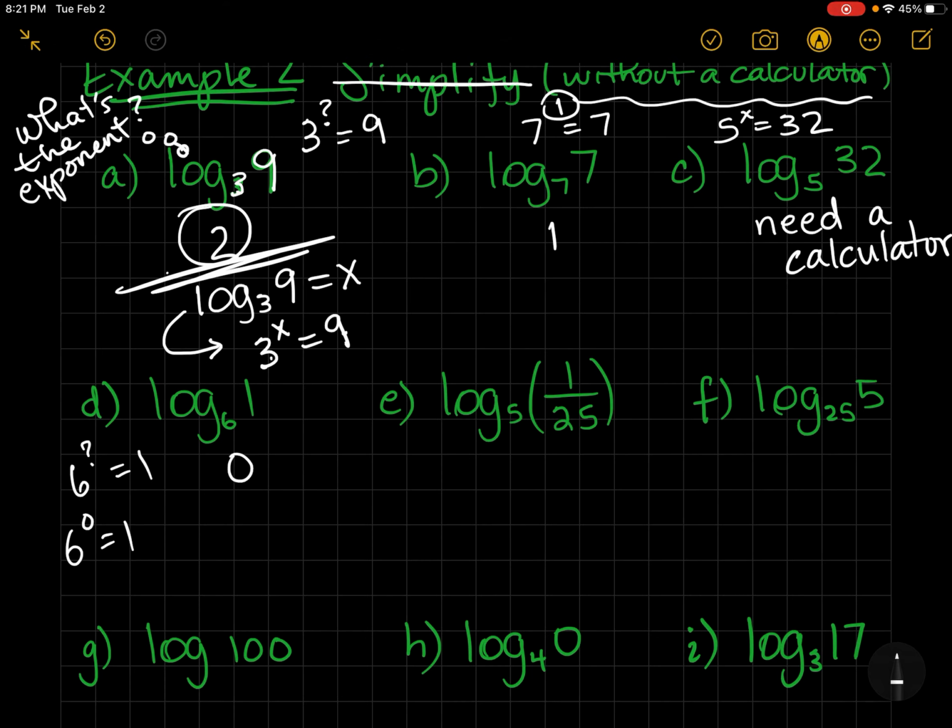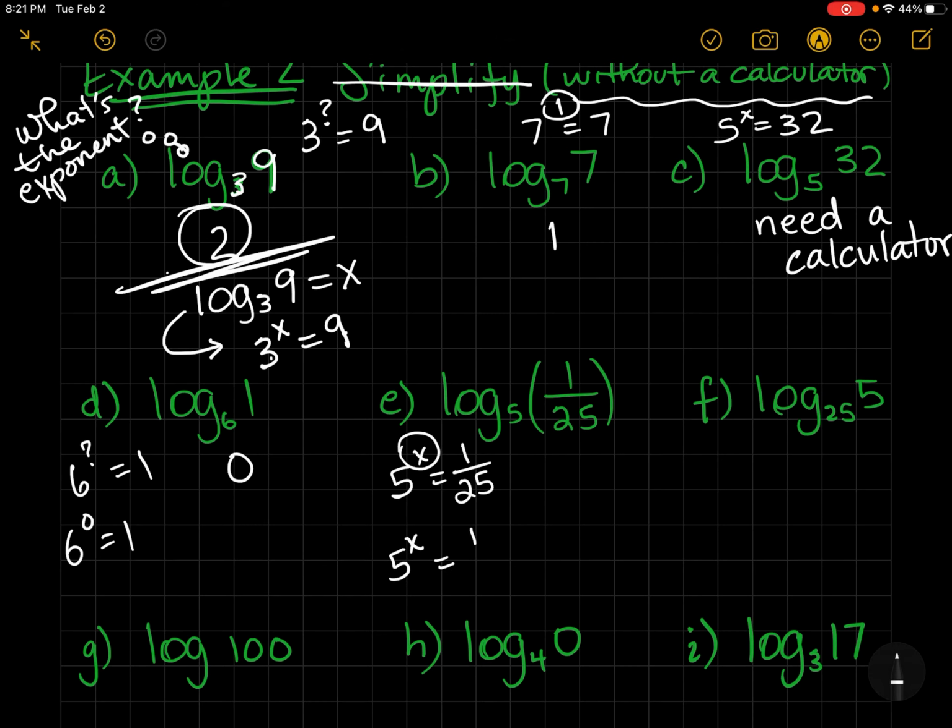This one's going to be tricky. 5 to what power equals 1 over 25? What exponent would that have to be? Well, here's a way you could think of it.